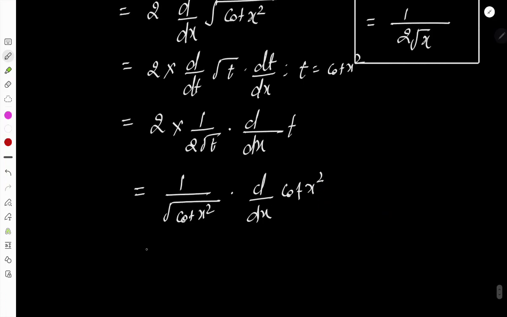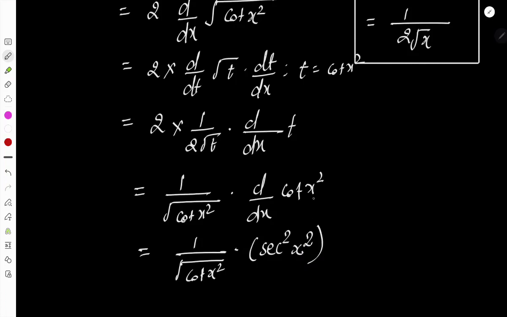Now again, you will say I don't know the derivative of cot x square. So again you can assume x square to be t. But again and again it takes time to write. So you do one thing: sometimes assume it is looking like cot x. The derivative of cot x is minus cosec square x, so here it will be the same with x square as it is.